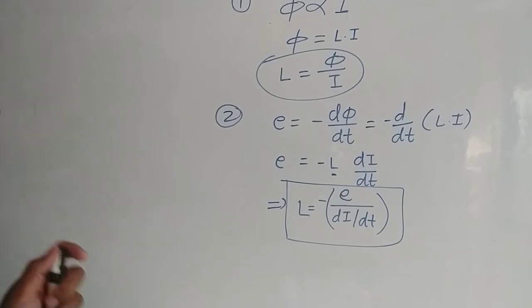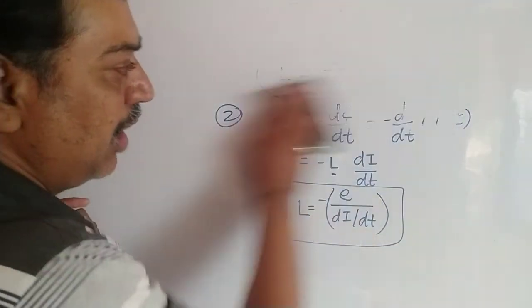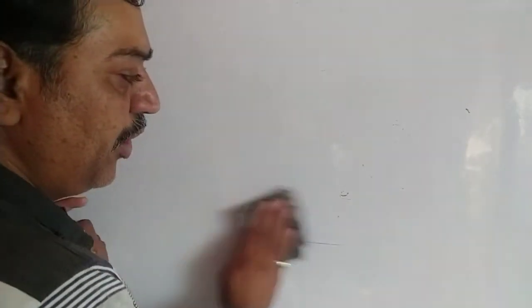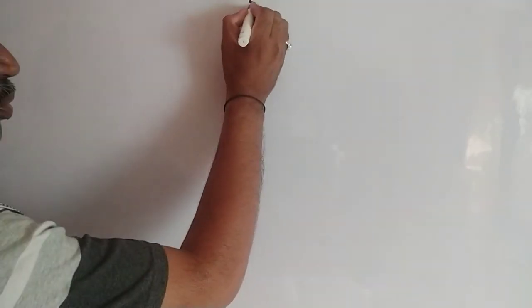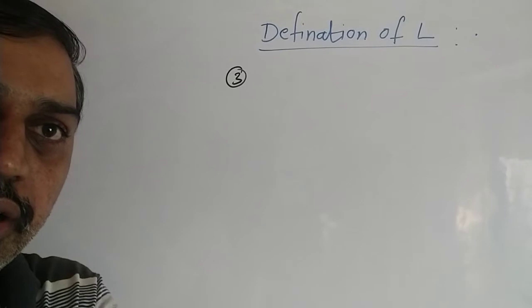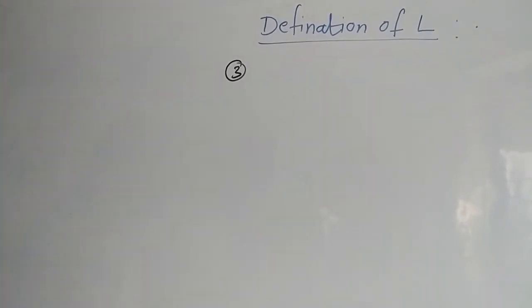Now let's see the third definition. The same definition was given in two ways, and now we see it by a third method. As we know, whenever current increases in the circuit, work has to be done in order to establish the magnetic flux associated with the steady current I0 in the circuit.